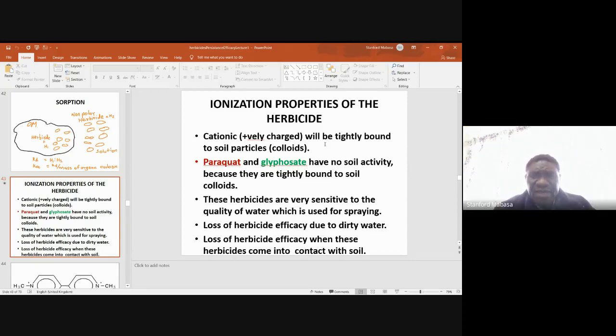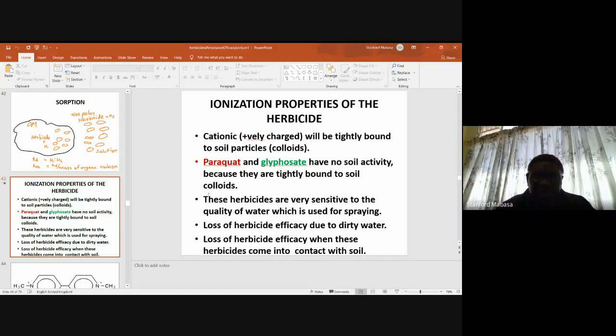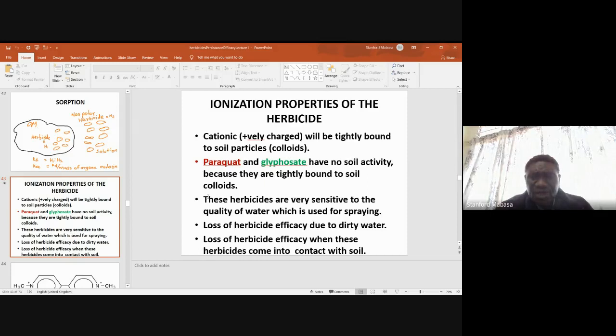We have such herbicides like paraquat and glyphosate, which have no soil activity because they are tightly bound to the colloids. These herbicides are very sensitive to the quality of water which is used for spraying.